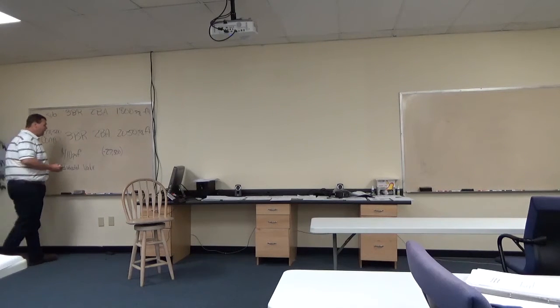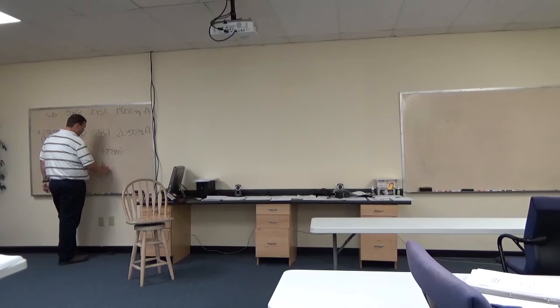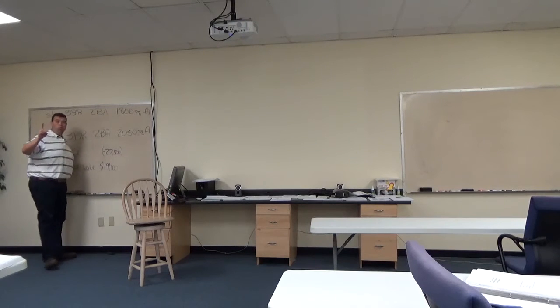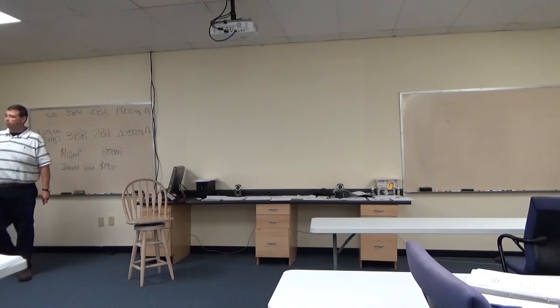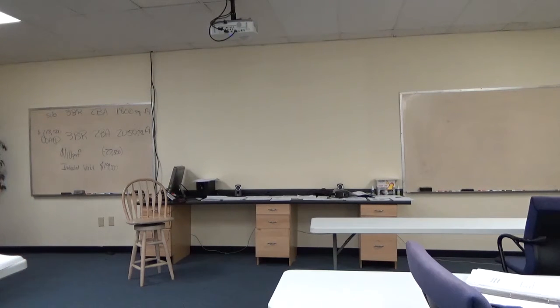So my indicated value in this case would be $191,000 based on that one comparable property. This is the indicated value of my subject property, right? That's what I'm hunting for, an indicated value of my subject property.